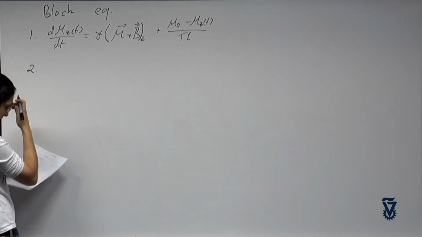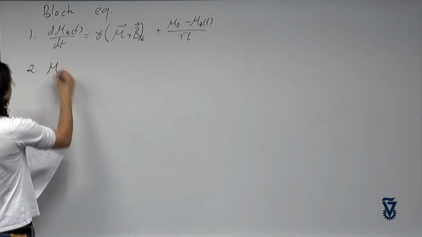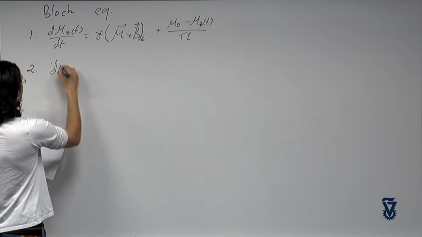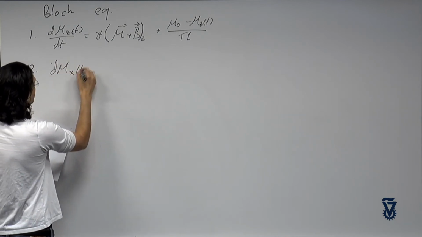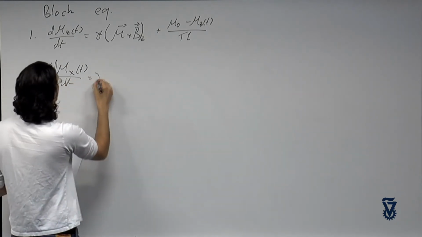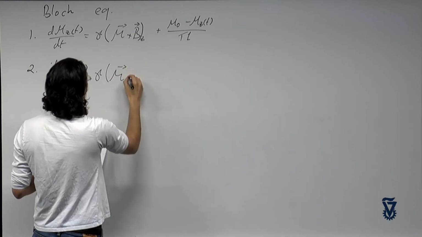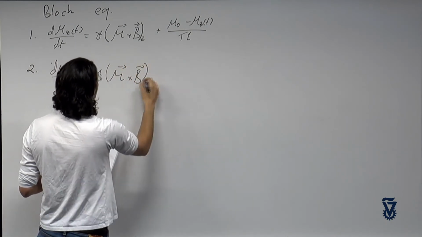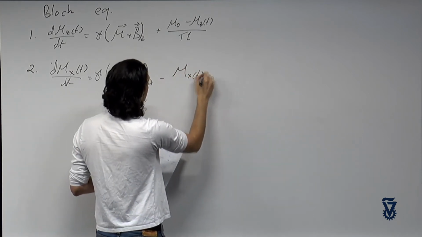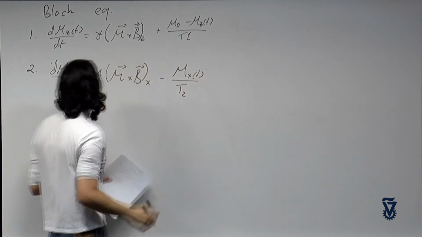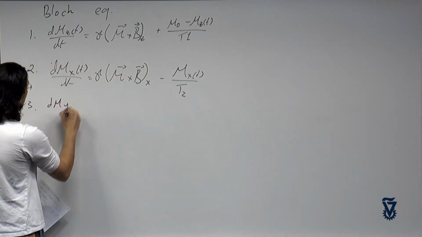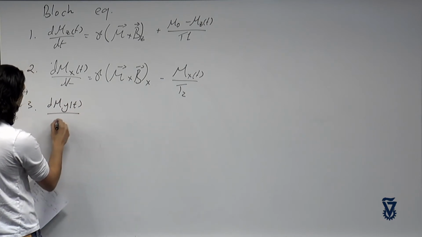And we can write the same thing for the 2 transverse components. dMx(t)/dt equals gamma (M cross B) in x minus Mx(t) over T2. And you can write the same equation for the y component.